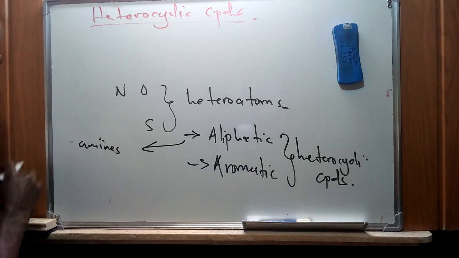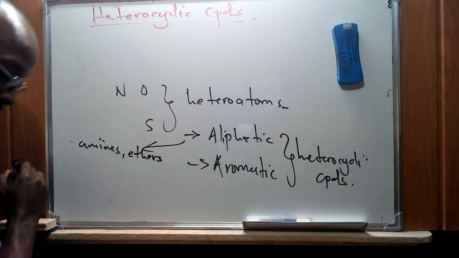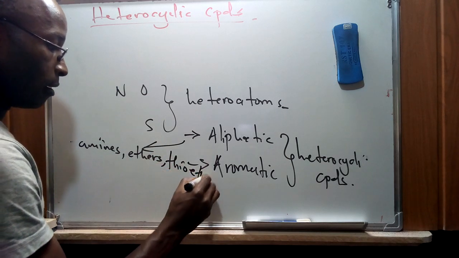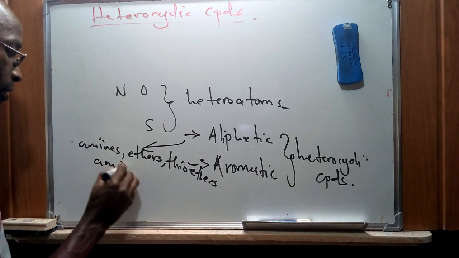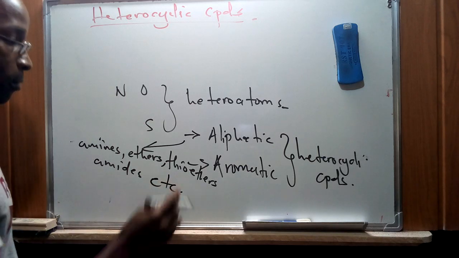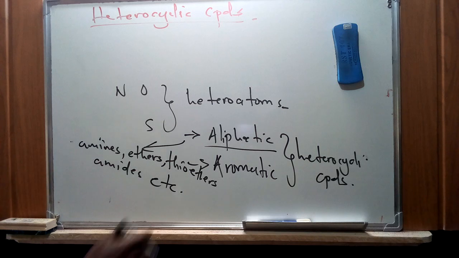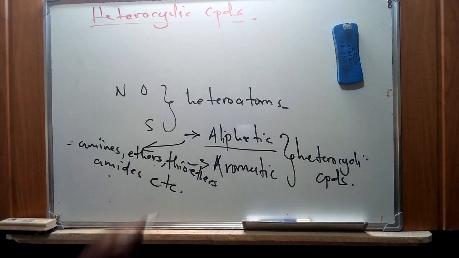So these are analogous to the amines, the ethers, of course the thioethers, these are derivatives, and they contain sulfides, amides, etc. So aliphatic heterocyclic compounds are analogous to the amines, ethers, thiols, amides, etc.